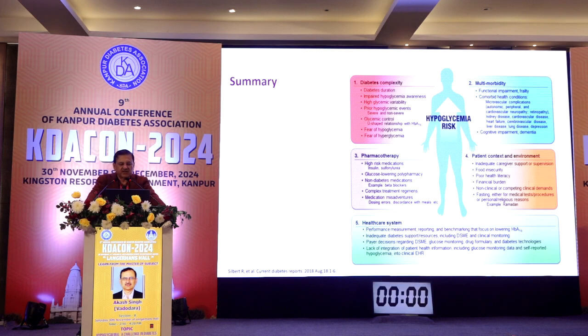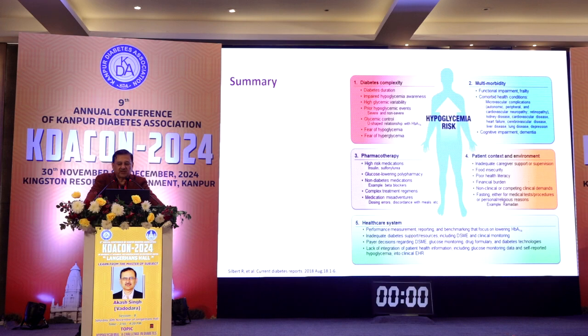Everything complicates management. Pharmacotherapy with high-risk medications like insulin and sulfonylureas, other medications which also affect sugars, glucose-lowering polypharmacy, non-diabetic medications, complex treatment regimens, and medication misadventures can all lead to hypoglycemia and related complications.